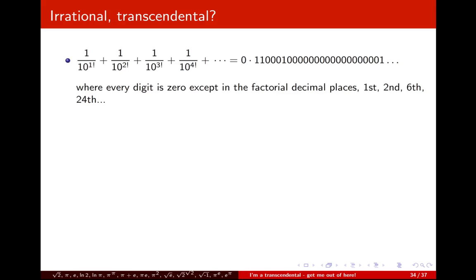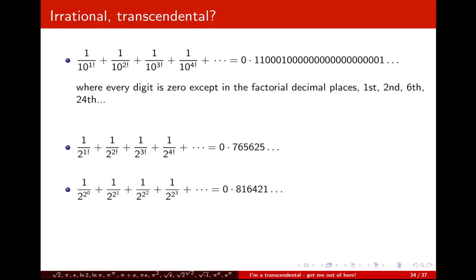This number, where every digit is 0 except in the factorial decimal places, as shown, is also transcendental and irrational, as is this number, as is this number, as is this number here with a decimal expansion as shown.